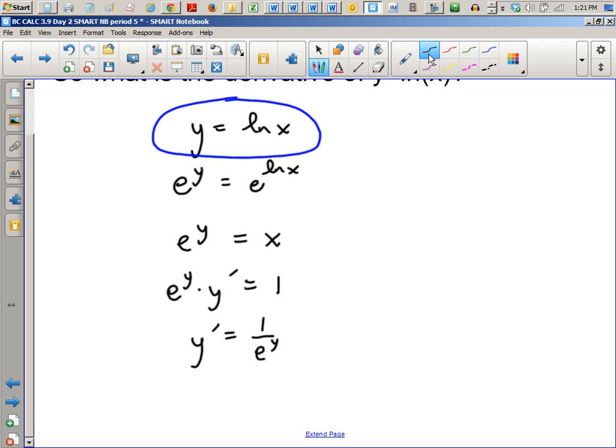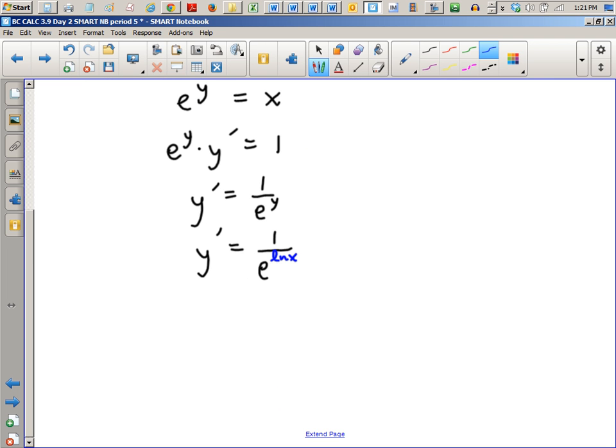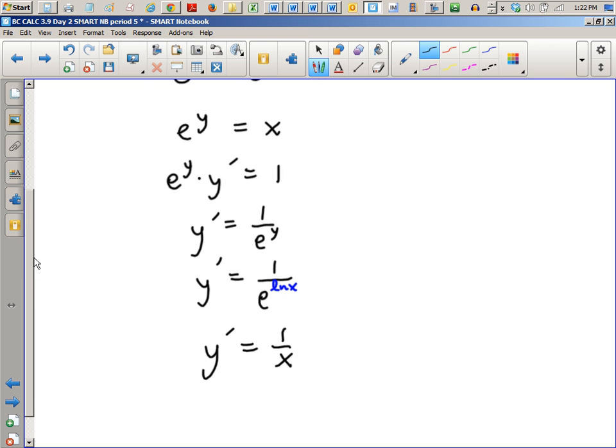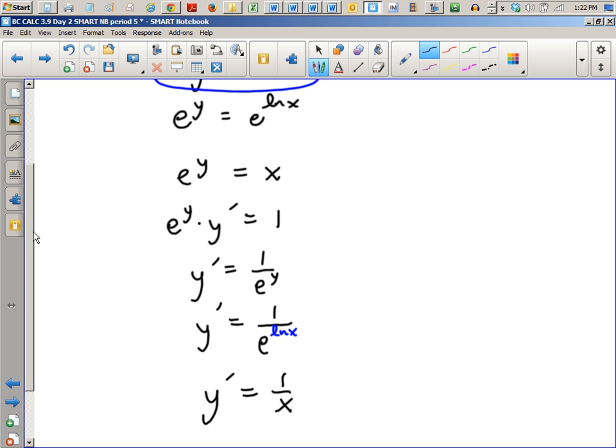So it looks like this. Y prime is 1 over e to the ln x, also known as 1 over x. So what a simple derivative, like 1 over x. It's that simple, really? The derivative of ln x is 1 over x.